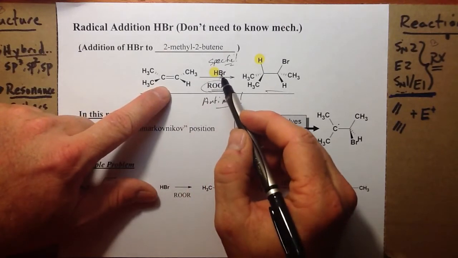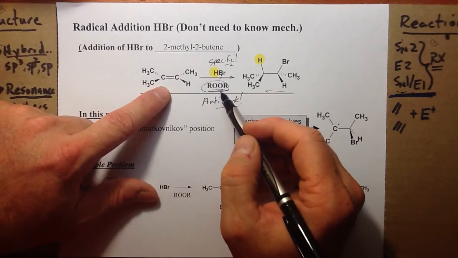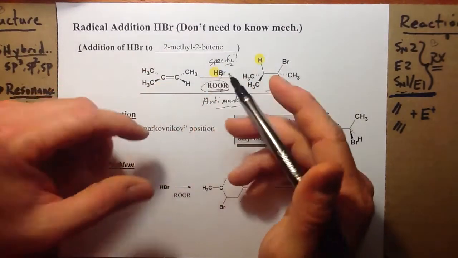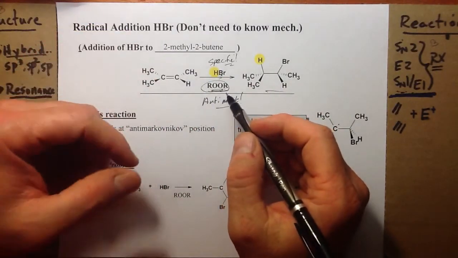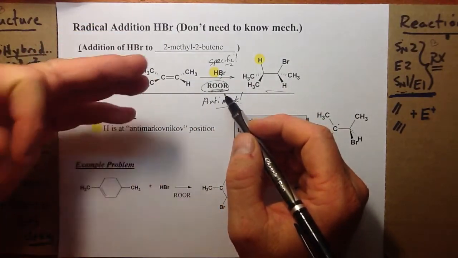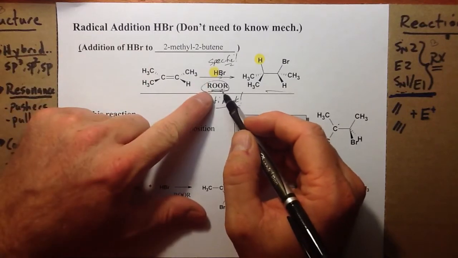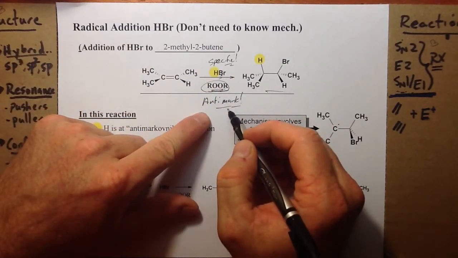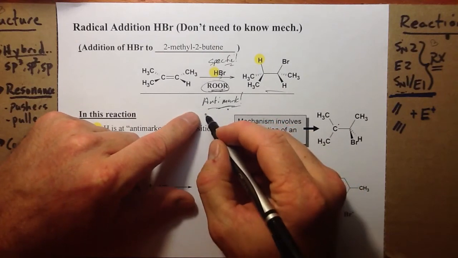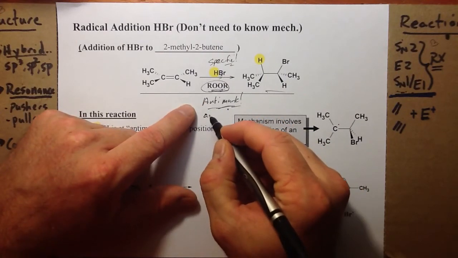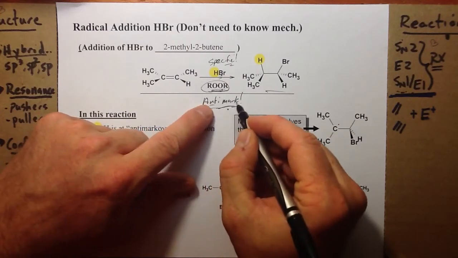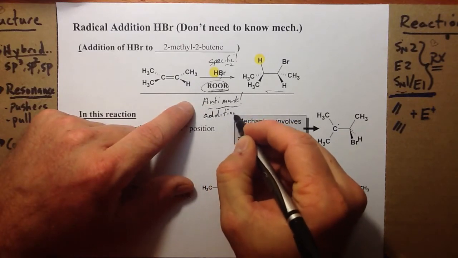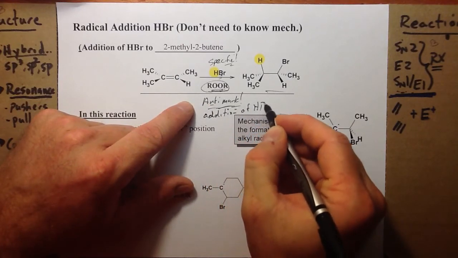If you see HBr and peroxide or some sort of initiator species, peroxides are typically used, make sure you think, oh, it's not a polar reaction. We have anti-Markovnikov addition, meaning opposite of Markovnikov, addition of HBr.